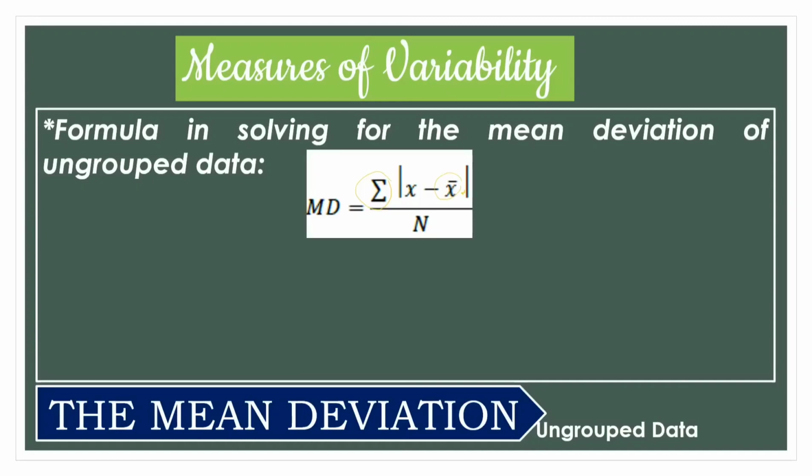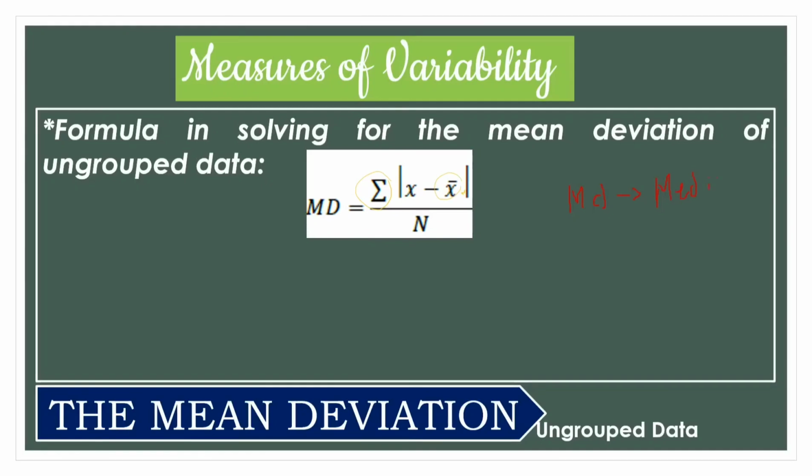By the way, here is our formula. MD, remember, we are using capital M and capital D, because MD with a lower case d is for median. But capital M and capital D is for mean deviation.